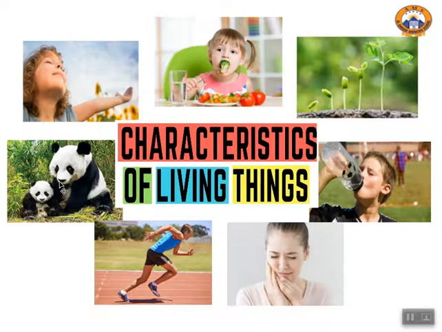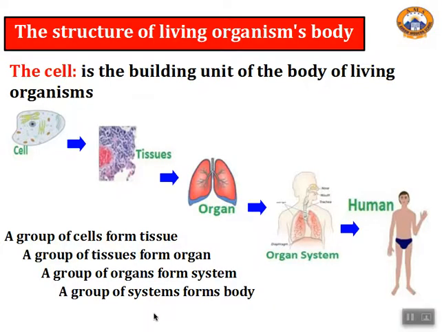Reproduction means that the parents of the living organisms can produce or give birth to little ones which are similar to the parents. Respiration or breathing means that these living things have to get the oxygen from the air to help them stay alive.